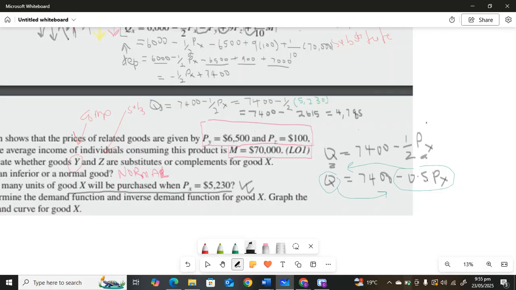When you take negative 0.5 Px over the equal sign, it becomes 0.5 Px. And here we have 7,400 minus Q, because this positive Q, we took it over the sign. Then we divide both sides by 0.5.